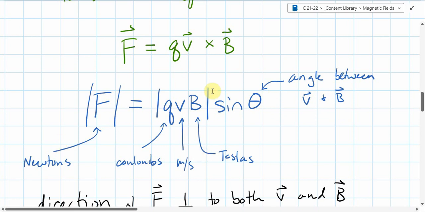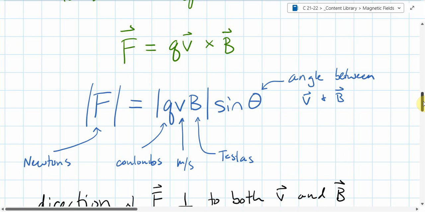Please note that when you're using this equation, you need everything in standard units. So that force had better be in newtons, that charge better be in coulombs, speed has to be meters per second, and magnetic field needs to be in Teslas.